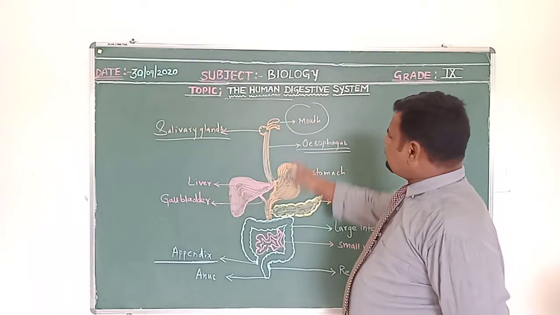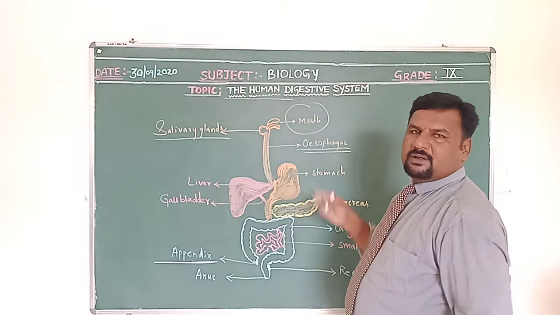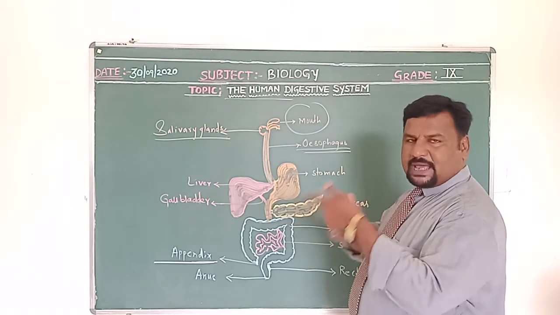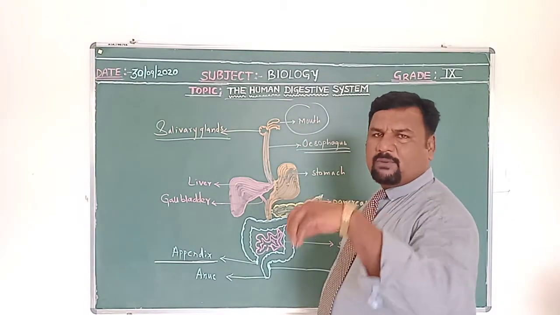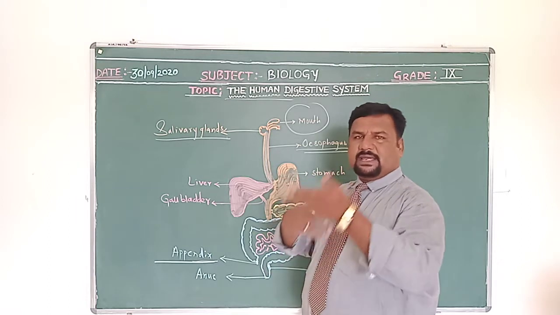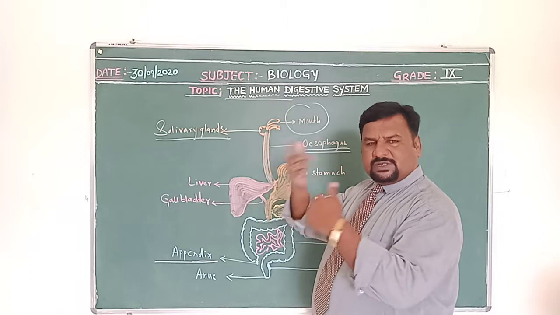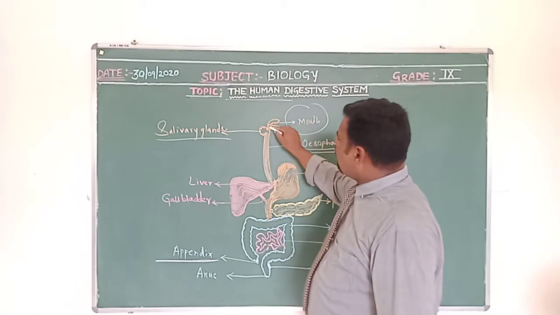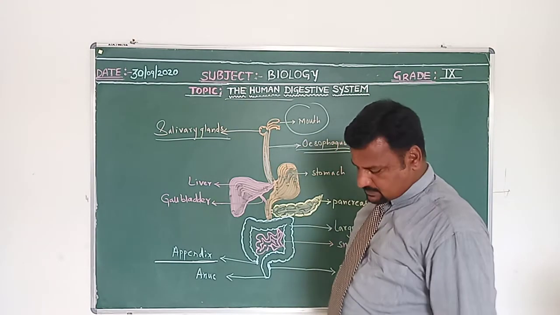When the food from the mouth gets mixed with saliva in the initial stage, it is called bolus. The process of digestion begins from the mouth itself. The moment food is placed in the mouth, it gets mixed with saliva, and the chewed food mixed with saliva is termed a bolus. That bolus from the mouth now comes down to the next part, the esophagus.